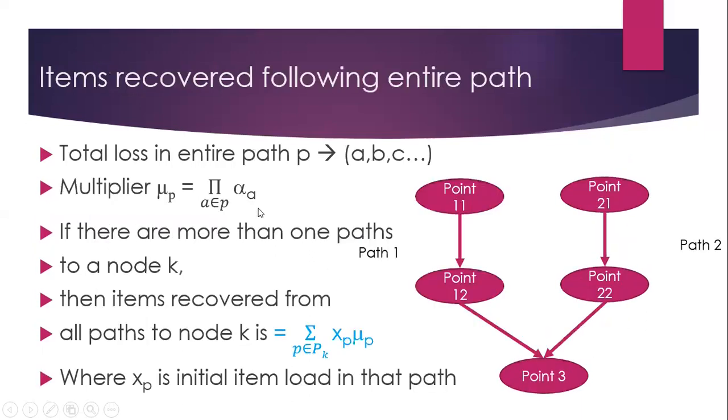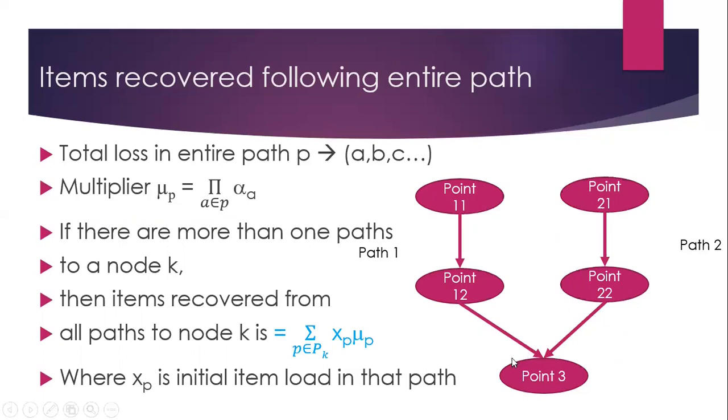So for the entire path, we can multiply all the wastage fractions, and the quantity which traverses the entire path is this multiplier multiplied by the initial item quantity.